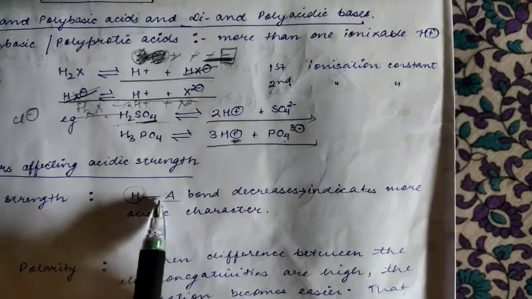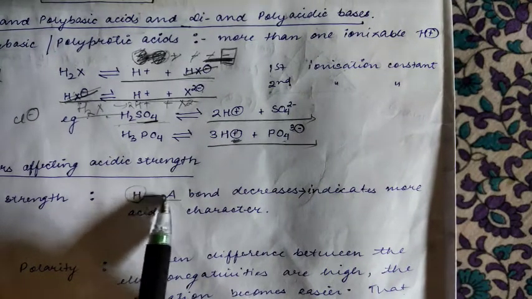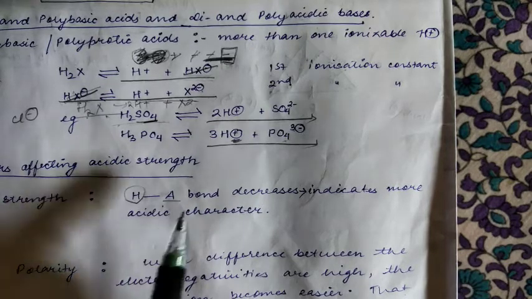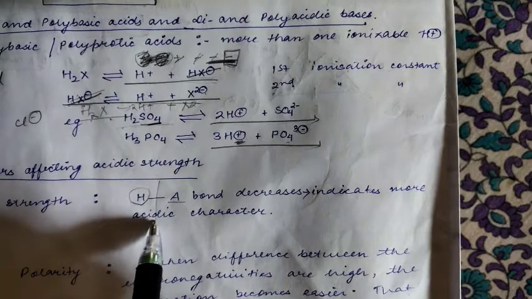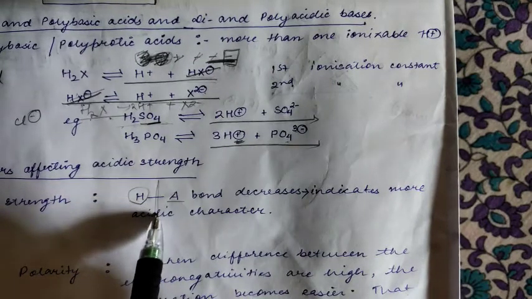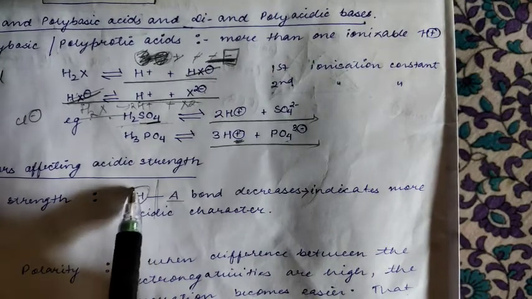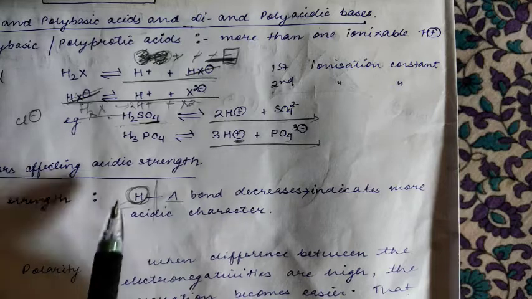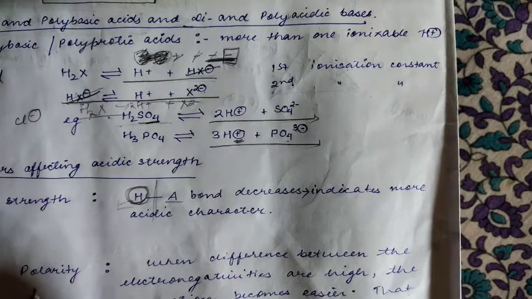Here, if this bonding between them is very strong, they will not leave each other. It will become very difficult to separate them, very difficult for us to release the H positive or proton. In that case, you can say that the acidic character will decrease.